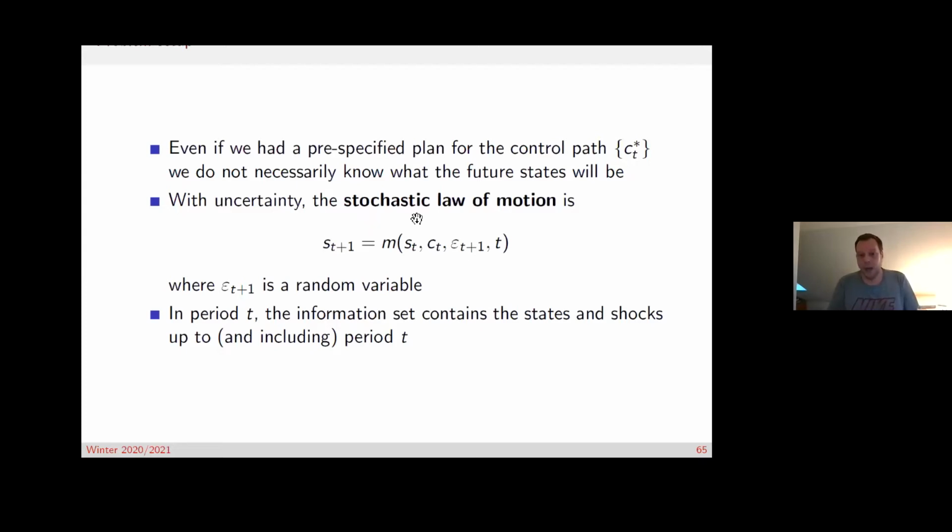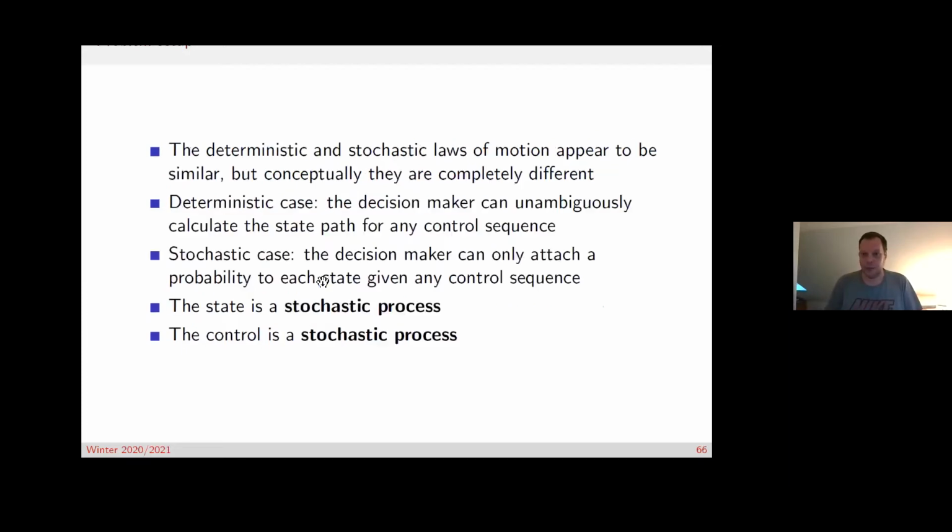So if we have this stochastic law of motion, this is like saying I have super many deterministic laws of motion, for any realization path that I could think of, right? If you have questions or things that are unclear, just do not hesitate to unmute and write me over the call. I'm happy to help with anything.